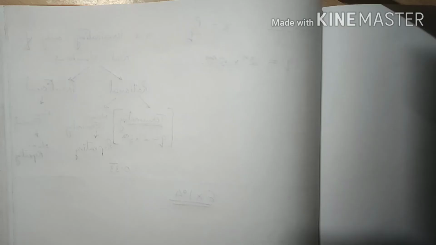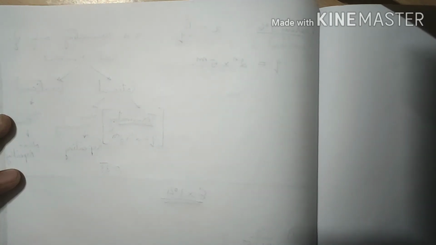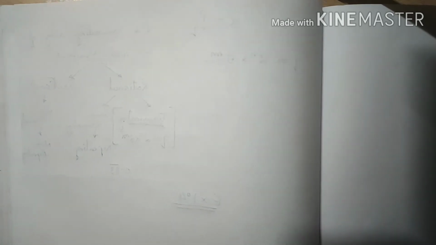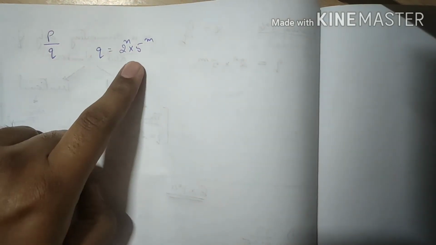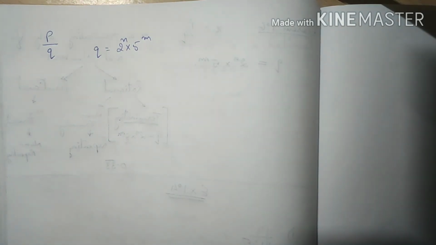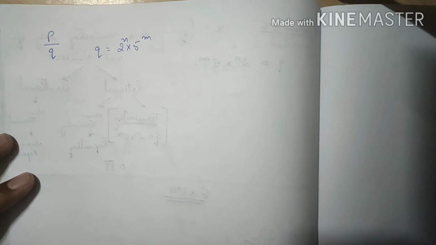Regarding this, there is a concept to understand, and some questions are there on that concept: how can we determine the number of digits after the decimal? How can we determine how many numbers should come after the decimal? There is a theory of that. So if we have a rational number where q is in the form of this, then we know that this number is terminating, but when it will terminate, that will be decided by n and m, okay?